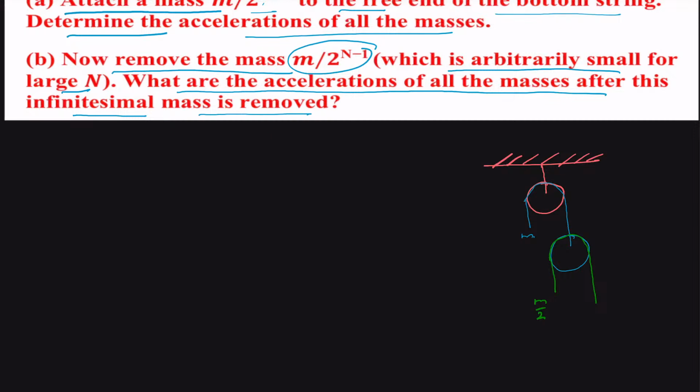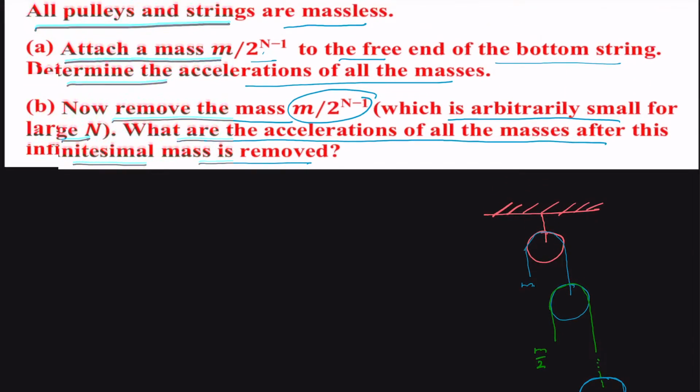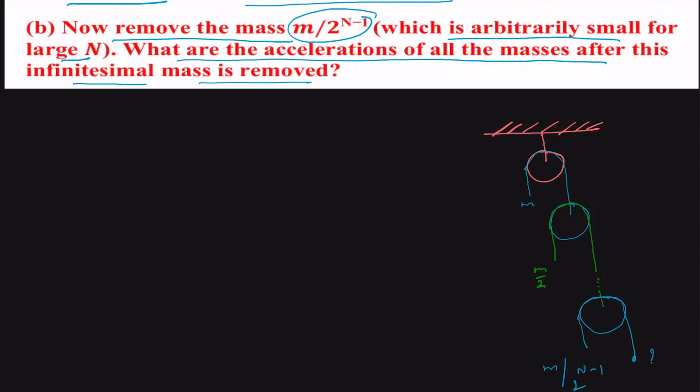So you can see this goes on increasing, and finally at the end we are having another pulley, and to the right of it a mass of m by 2 to the power n minus 1 is attached, and to the right side of this thread is the mass whose value is going to change according to part A as well as part B. In part A, on the right side, same mass is being attached, and then this mass is being removed.